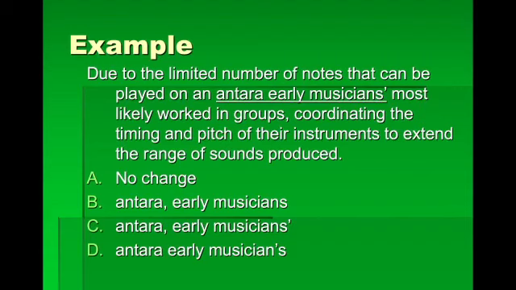"Early musicians most likely worked in groups." The word musicians does not need a possessive there, so we're going to take that apostrophe off and choose letter B: "Due to the limited number of notes that can be played on an antara," comma, "early musicians," no possessive, "most likely worked in groups."